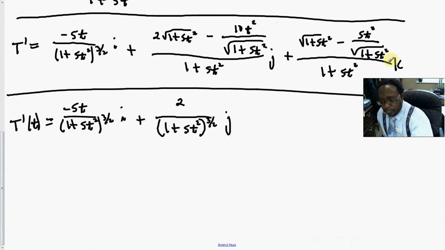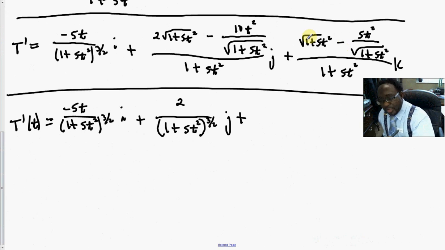Same thing happens over here for the k-th position. So we combine these two fractions by finding the least common denominator, which is the square root of 1 plus 5t squared. Multiply that LCD times this radical, and then divide it by 1 times that radical, which becomes a common denominator.